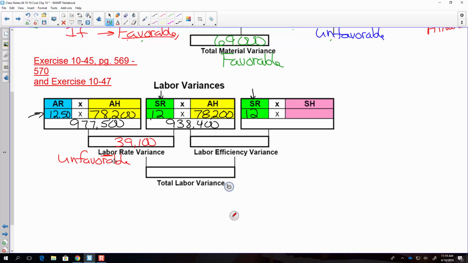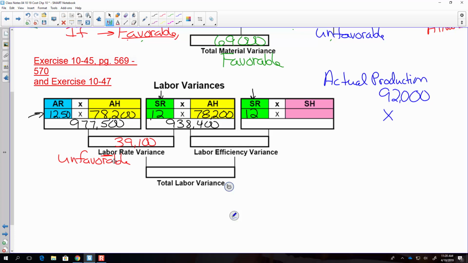All right, now we'll go to the SH number. Again, I would get in the habit of writing down actual production. Was it 92,000 belts? Wouldn't it be cool in Excel to actually have a cell reference to a cell that had the actual production in it?